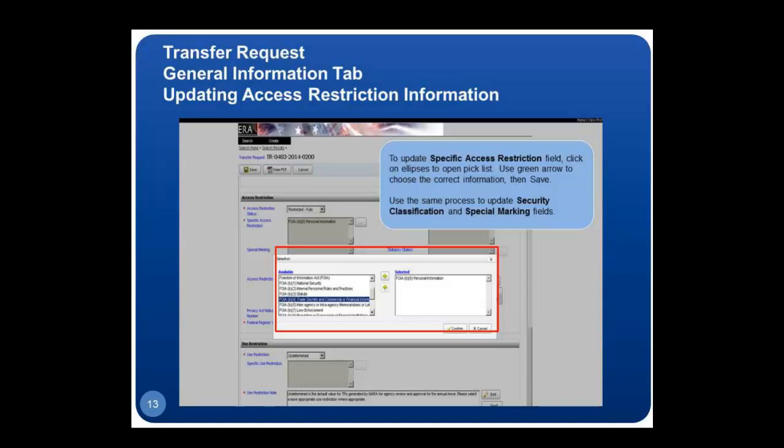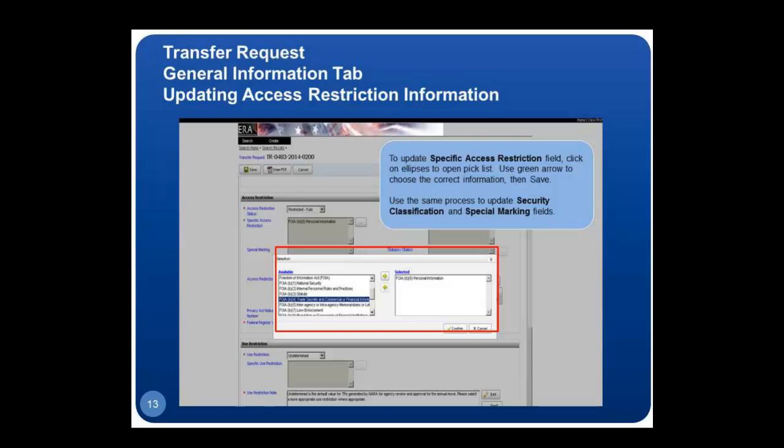Another important point, if the national security classification level that you are aware applies to the highest level in this group of records, if that, for instance, is top secret, and what we're displaying on the transfer request is secret, if the real classification level of the records is higher than what we have on the transfer request, contact the Federal Records Center in which these records are stored immediately, because that means they do not have the information from you that they need in order to properly safeguard those records.